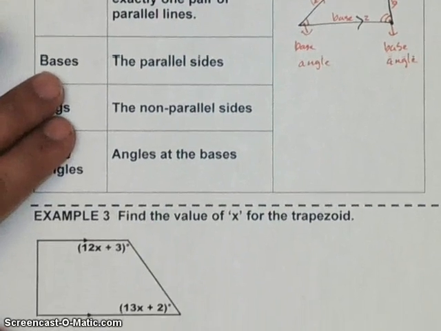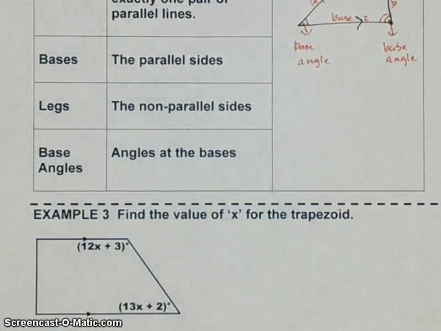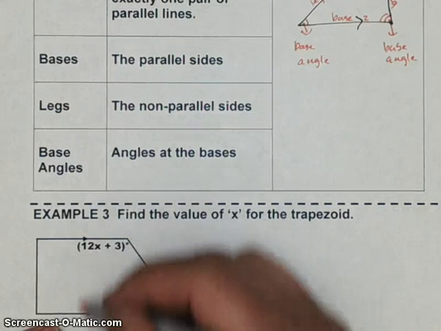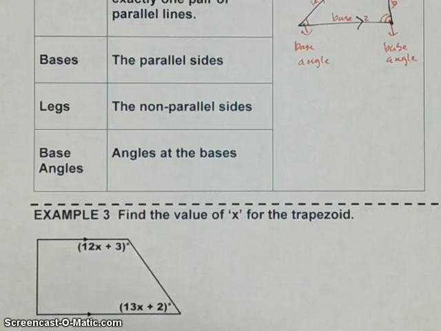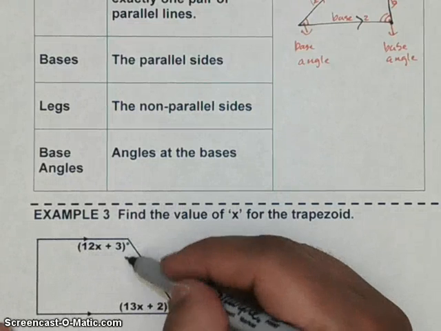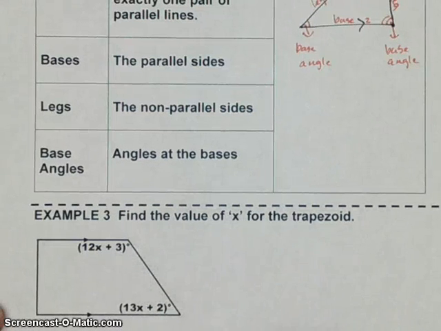Now, let's look at an example of a trapezoid. We want to find the value of x. Because these two bases are parallel, these two angles are going to form same side interior angles.